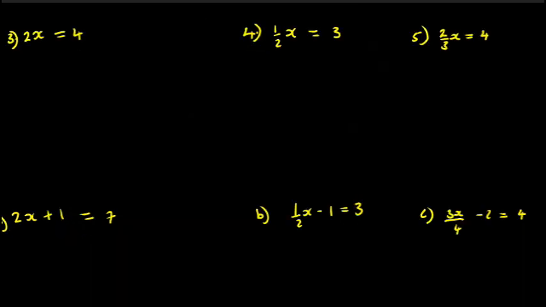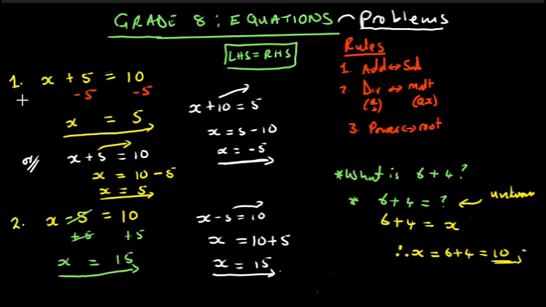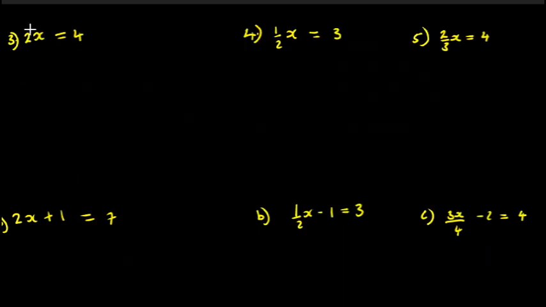So look, it looks exactly like that, but it's only that here there's a 2. So we need to divide, because if you try to take this 2 to the other side, like what we were doing here, taking this 5 to the other side, this x is going to follow because they are attached together.